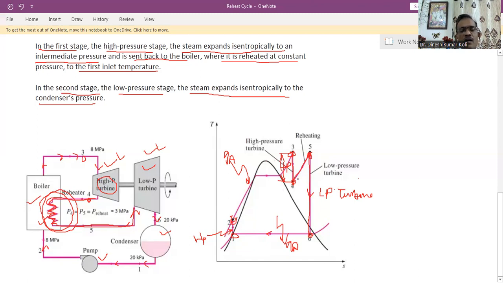The main advantage of this reheating between two stages is that the moisture content becomes very low, and because heat addition is done additionally, it also increases the efficiency of the cycle.